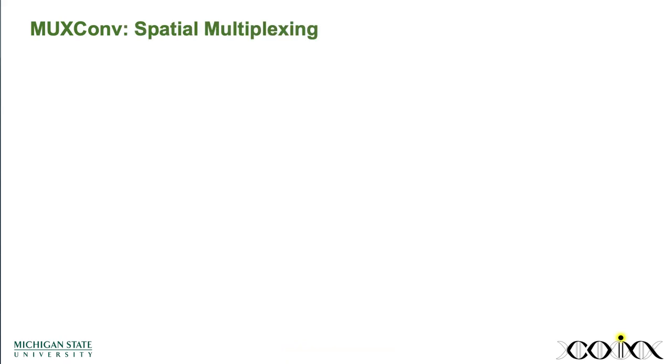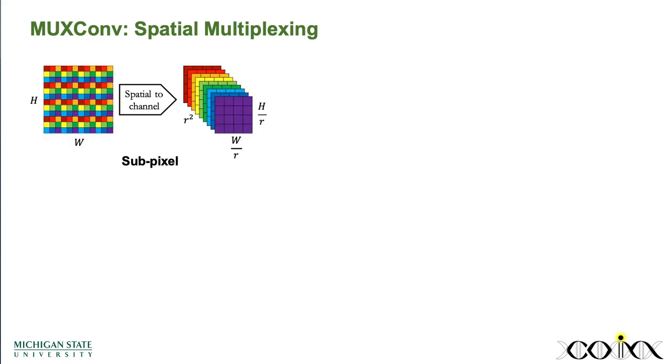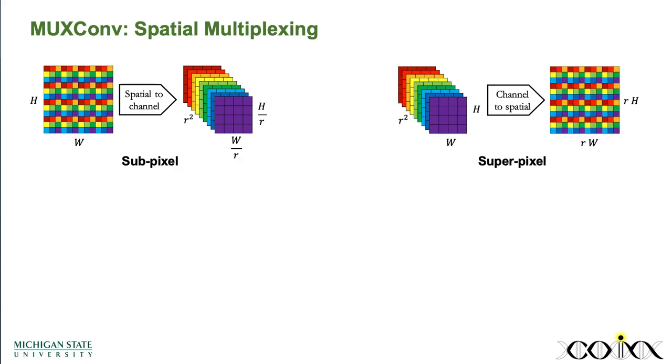The spatial multiplexing in MUXConv has two operators. First, the subpixel operator that decomposes the spatial information in one feature map to smaller feature maps along the channel axis following a fixed pattern. Second, the superpixel operator that recombines feature maps along the channels into a single feature map using the same pattern.